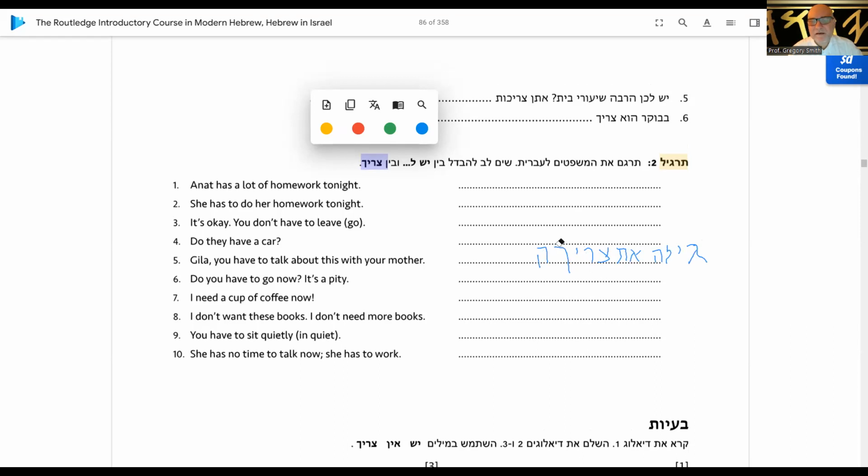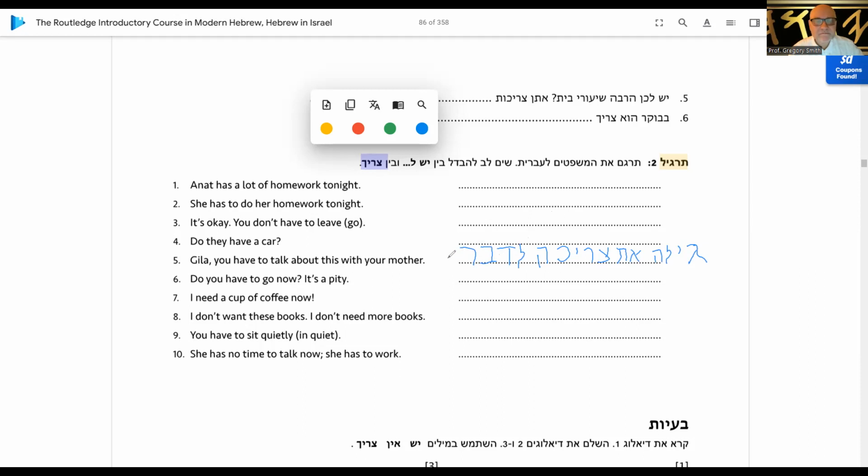It's going to be zricha, then we need to change this to a regular kaf. Okay, zricha. Okay, so Gila ata zricha. And then we'll use from the verb root, ledaber, which is to talk. So it'll just be to talk as ledaber. Okay, to talk, and then with your mother.